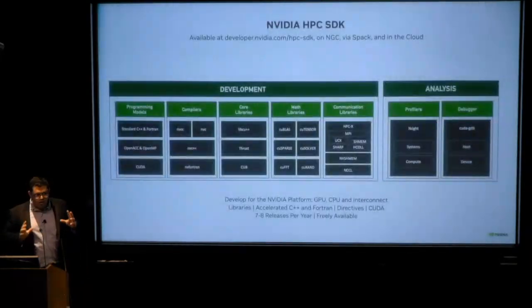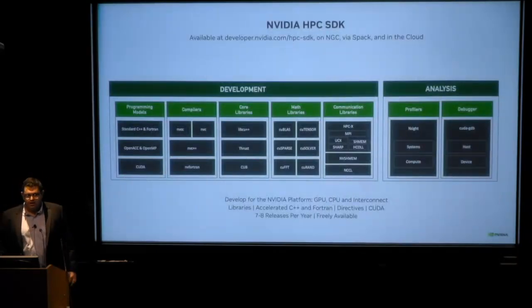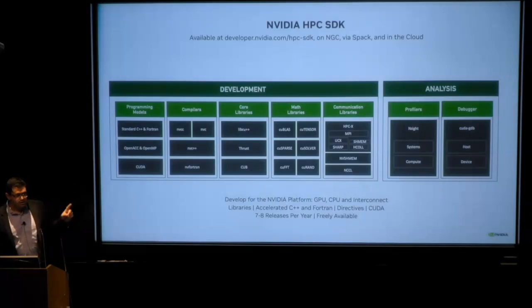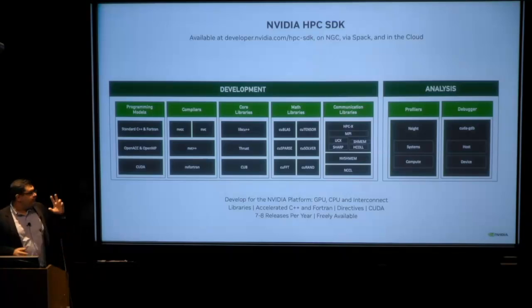All of this is enabled through NVIDIA's high performance compute SDK. It's available as a container on our NGC, which is NVIDIA's essentially Docker repository. You can also get that in the cloud if you're using cloud compute, and it comes for free. Everything you're seeing here is for free.